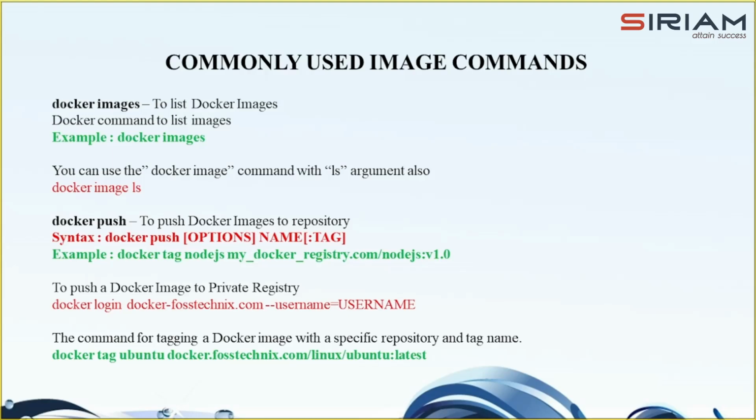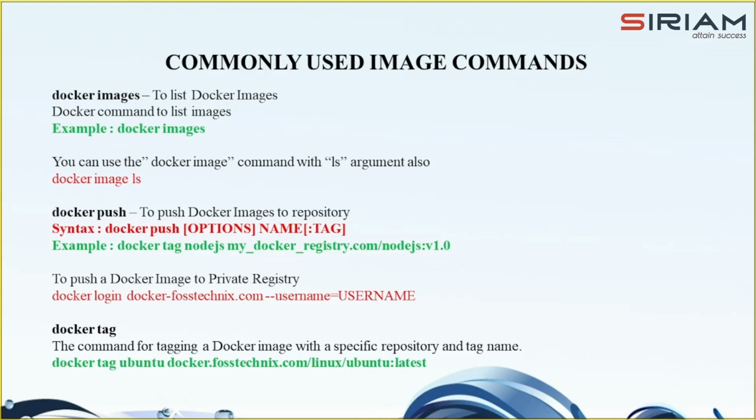This command requires authentication, so you may need to log into the registry using docker login before pushing images. Once authenticated, the image is pushed to the specified repository with the specified tag, making it accessible to other users or systems.